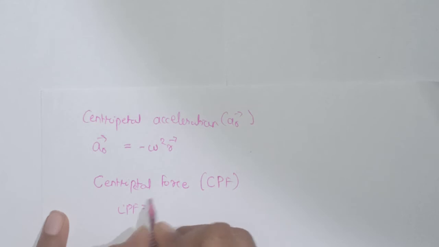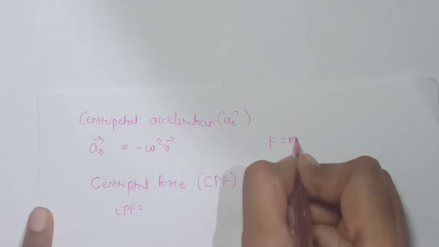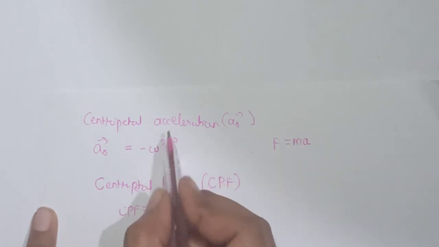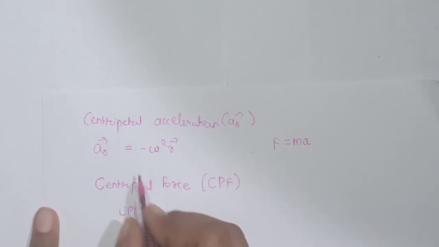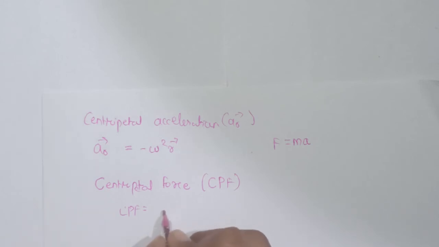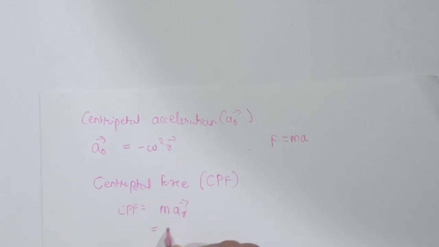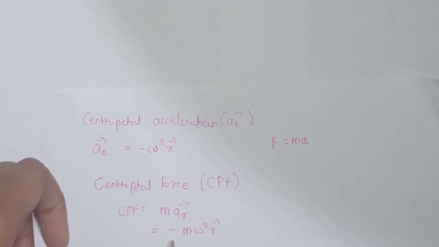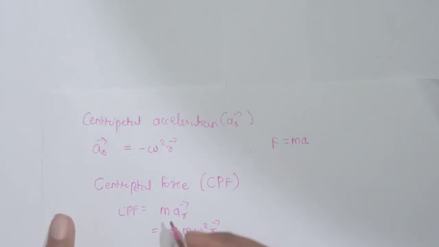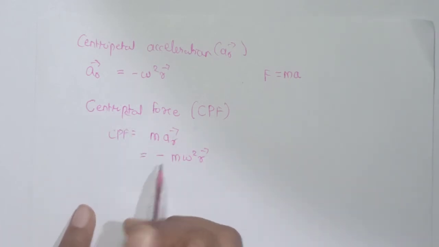CPF is equal to, as you know by Newton's law, force is nothing but mass into acceleration. Here the acceleration is centripetal acceleration, and as we are writing in vector form, you can write m vector AR. When you substitute the value of this, you will get minus m omega square vector r. Here the negative sign indicates that the force is toward the center, because centripetal stands for center seeking.